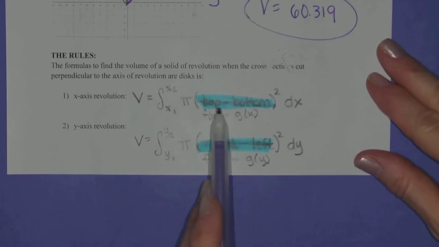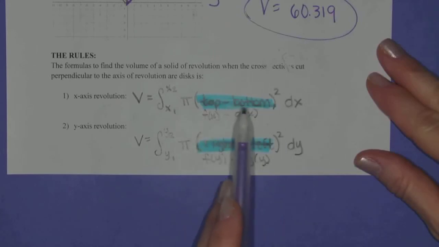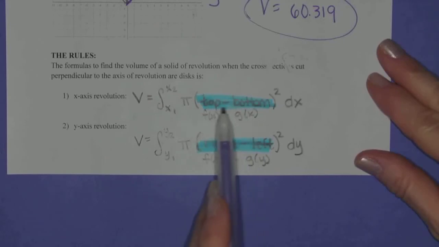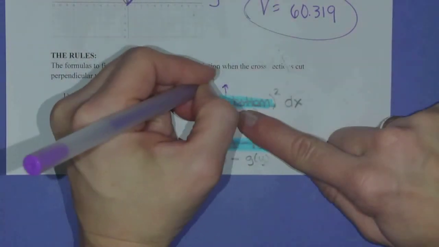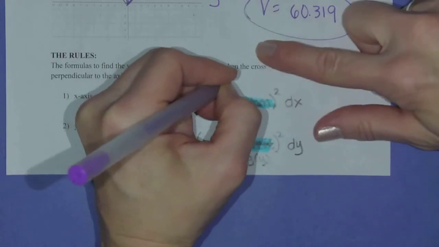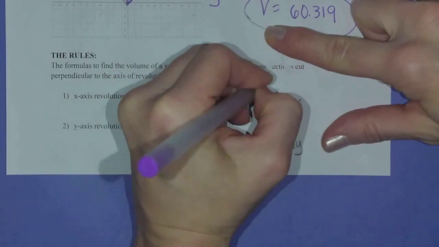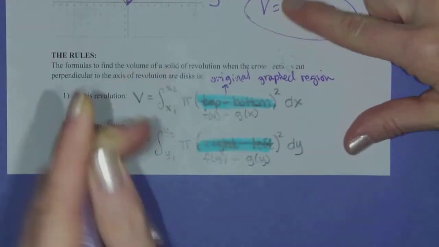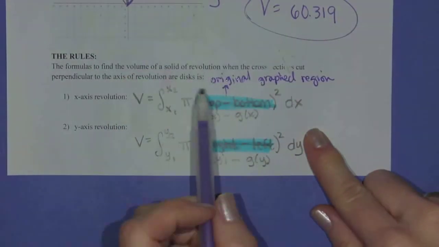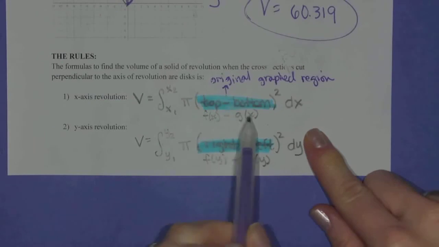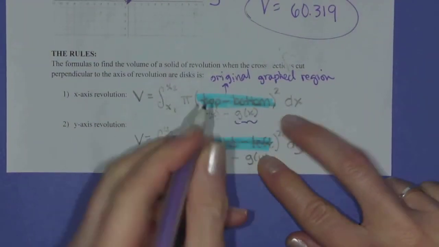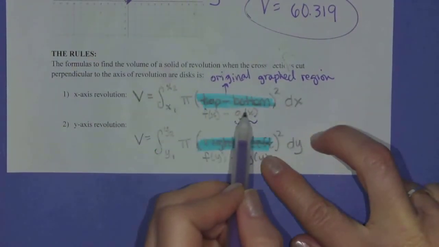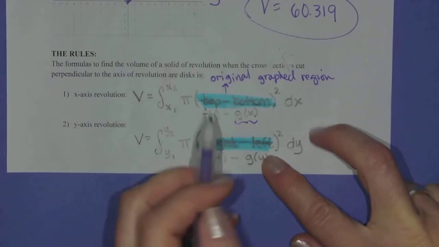Your r is the top function minus the bottom function. And when I say top minus bottom, this is of the original graphed region. And you need it in terms of x. So I said f of x minus g of x. And again, for us today, the g of x was always 0 because we were always bound up against the x or y axis.